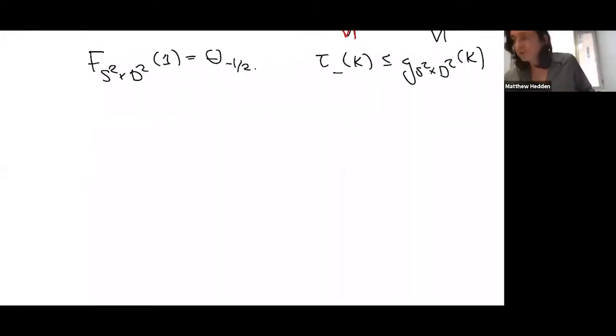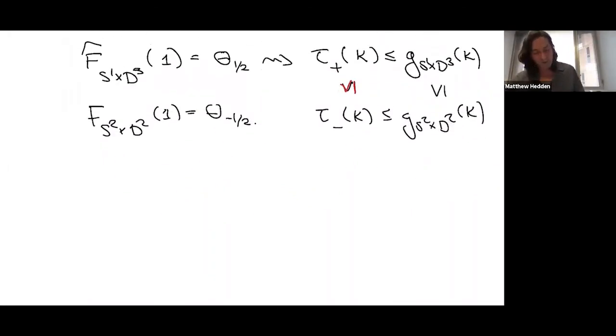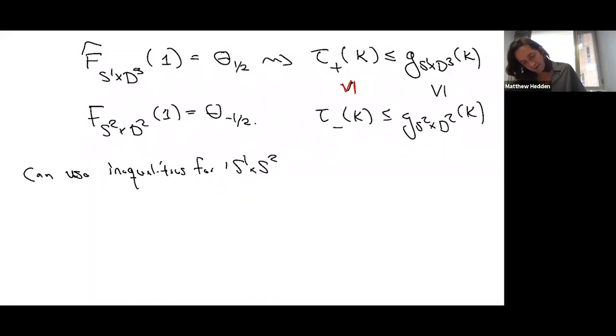And you can use these inequalities for S1 cross S2 and their connected sums to obtain link concordance invariants.